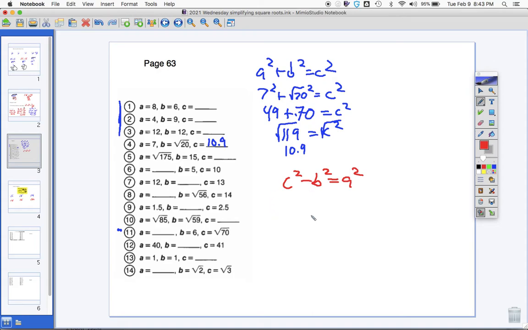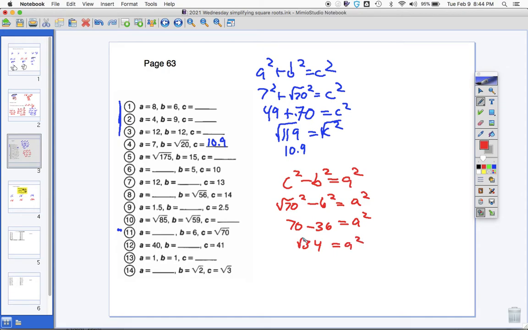So we're going to subtract our hypotenuse, which is the square root of 70 squared, minus 6 squared. And we don't know what a is, so we'll leave that as a squared. So again, square root of 70 squared, they kind of cancel each other out. They blow each other up. You're just left with 70 minus 36, which equals a squared. So 70 minus 36 is 34, equals a squared.